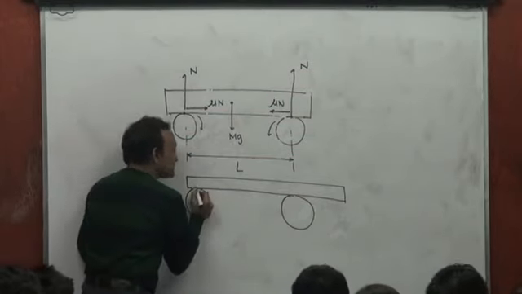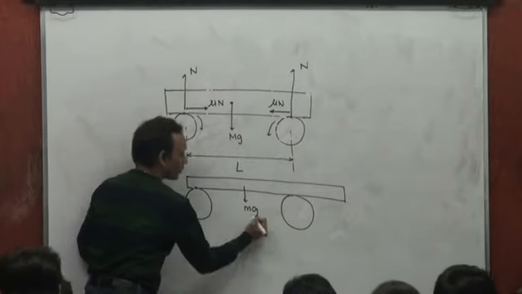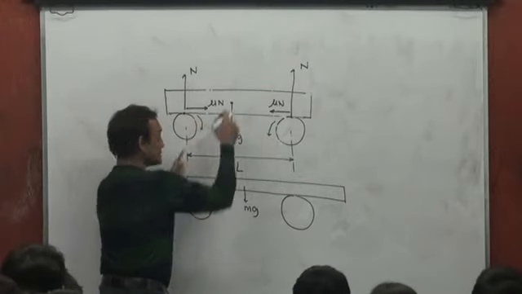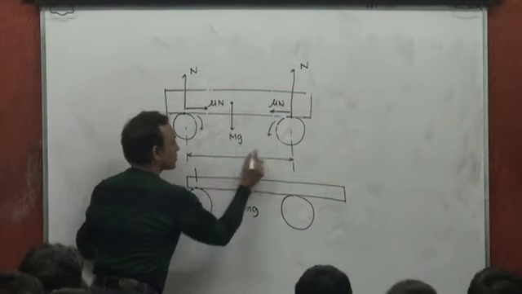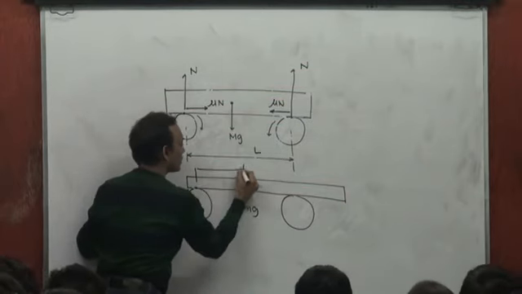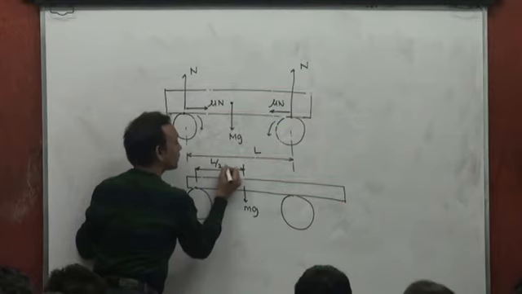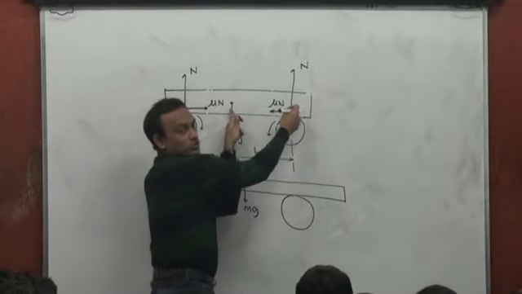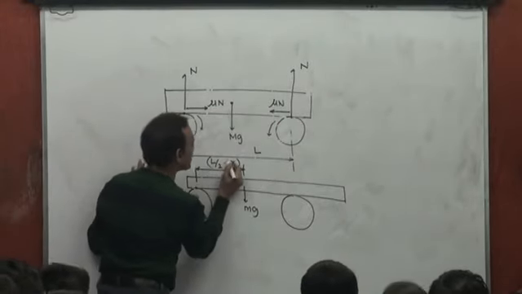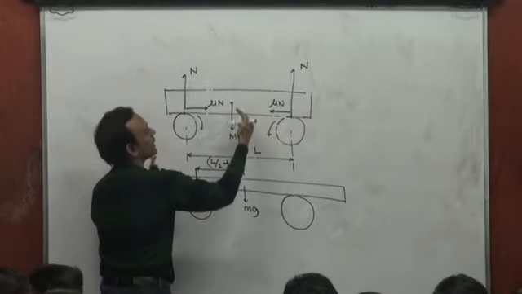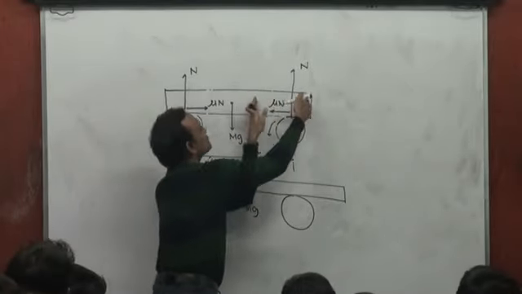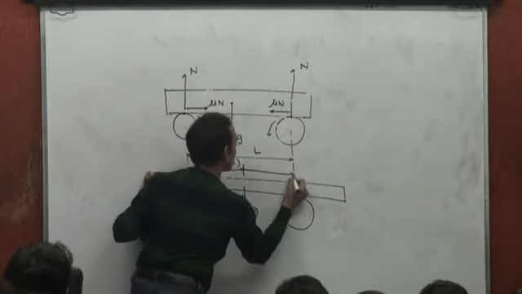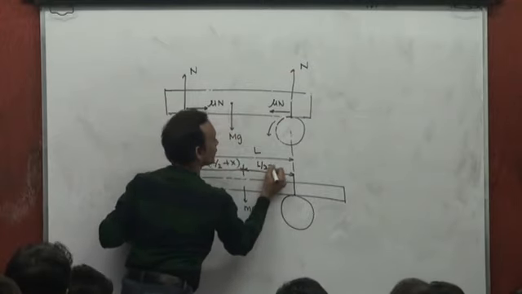So this end was originally at a distance L by 2. I'm sorry, this would be L by 2 plus x, it's moved further away. And this has moved closer, so this would be L by 2 minus x.